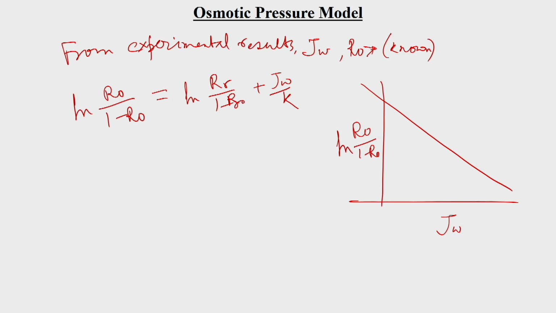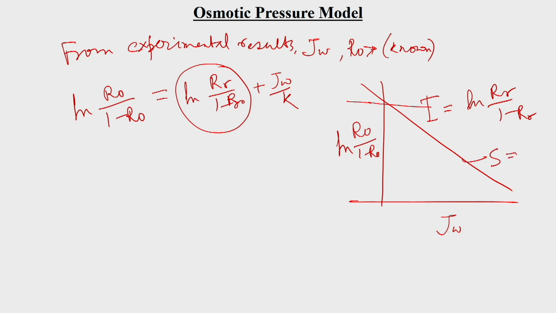As we plot this, we will be getting the intercept, which we can say will be C, that is, the intercept is ln Rr by 1 minus Rr, and the slope will be 1 by k.